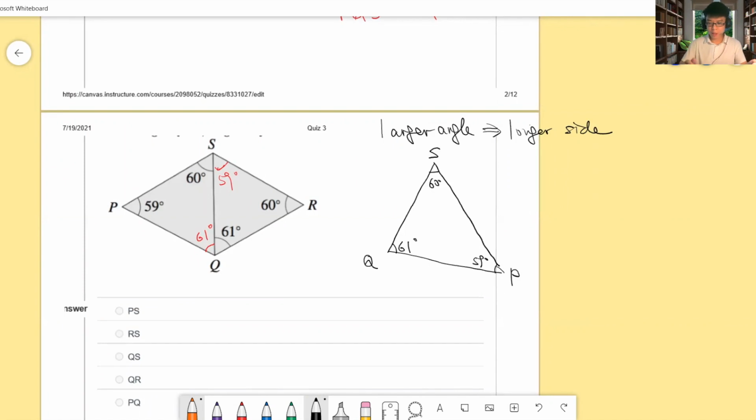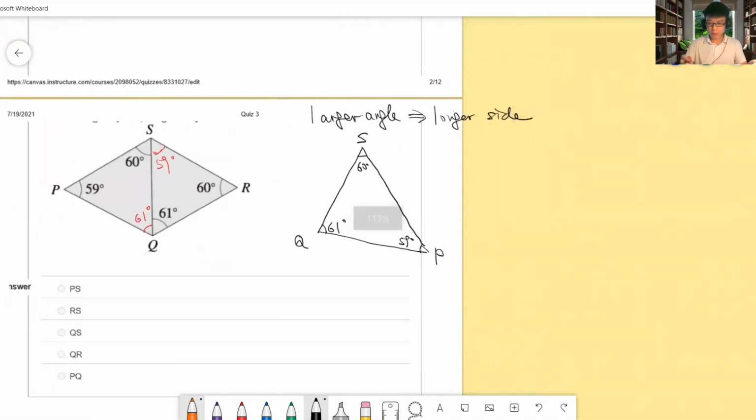Now we must have SP larger than PQ. Let me show this property. We can draw an isosceles triangle. I can split this and take a 60-degree angle here and a 60-degree angle here.